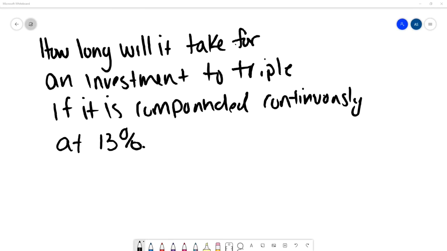In this question, it says, how long will it take for an investment to triple if it's compounded continuously at 13%? So when our interest is compounded continuously, we're going to use the formula A equals P e to the rt.